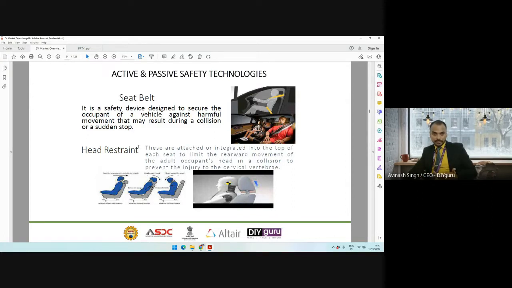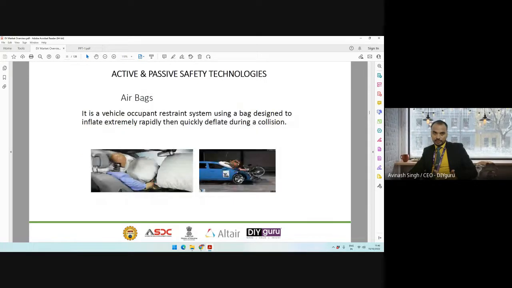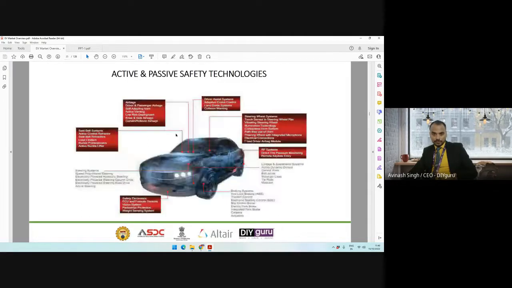So these are seat belts, these are head restraints, which you must have seen, to make sure that in case of collision, your cervical vertebrae does not get damaged. So that's why we use head restraints. These are airbags. Airbags also are more on the side of making the passenger or the driver safe during the time of collision, right?